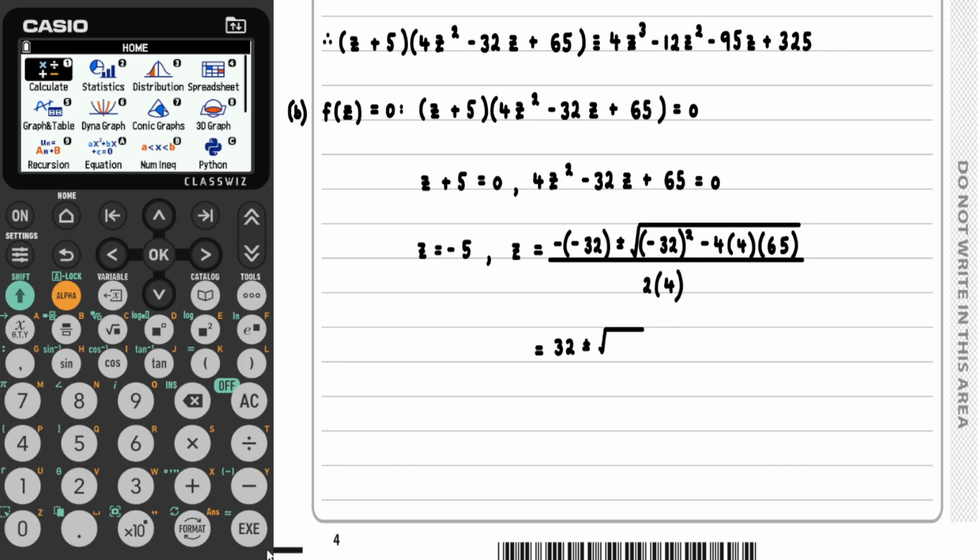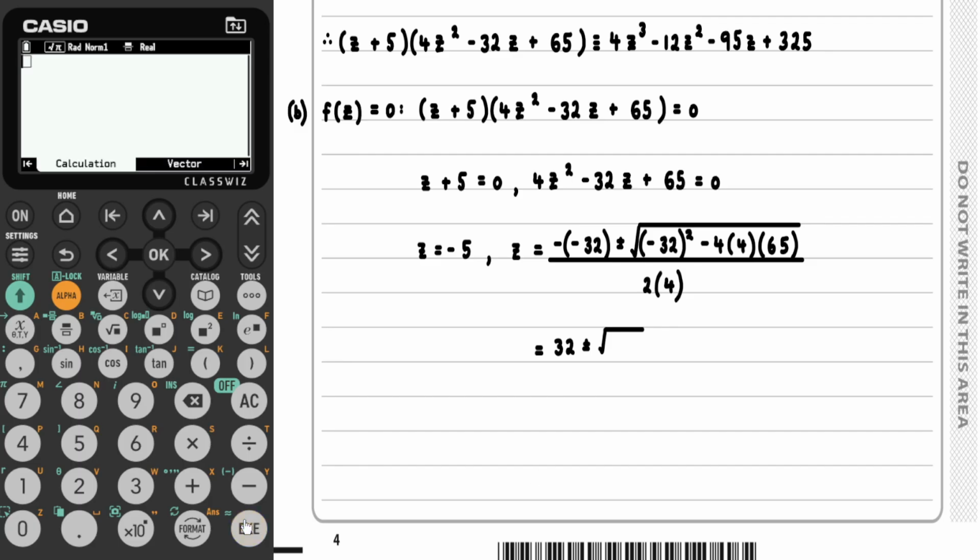Now if we evaluate the bit underneath the square root, we would have negative 32 squared subtract 4 multiplied by 4 multiplied by 65, that is negative 16, and we divide this by 2 times 4, which is 8.